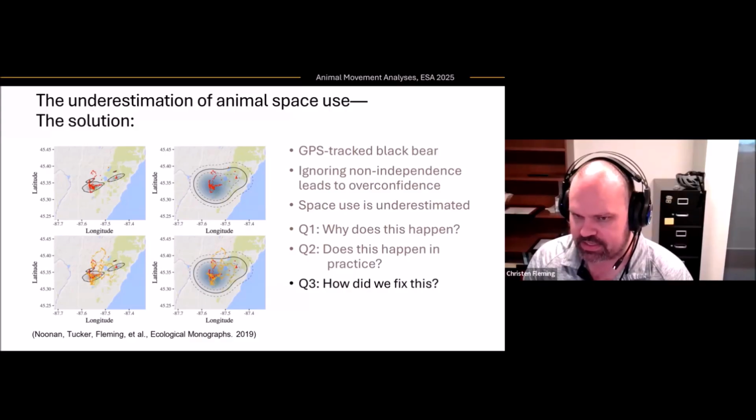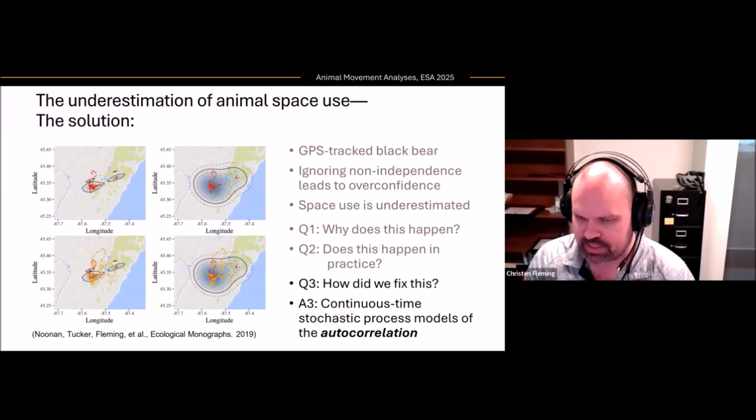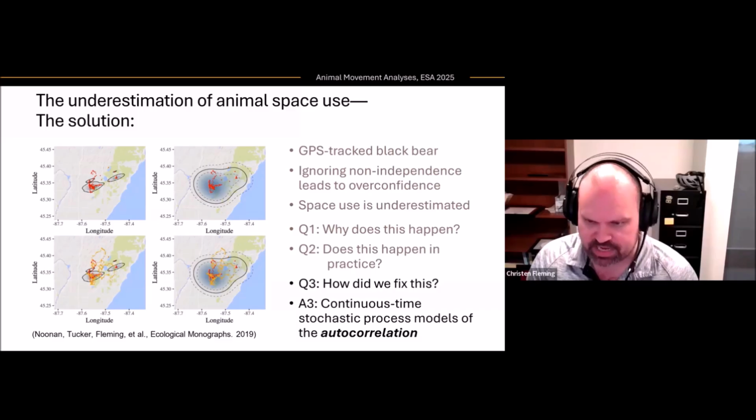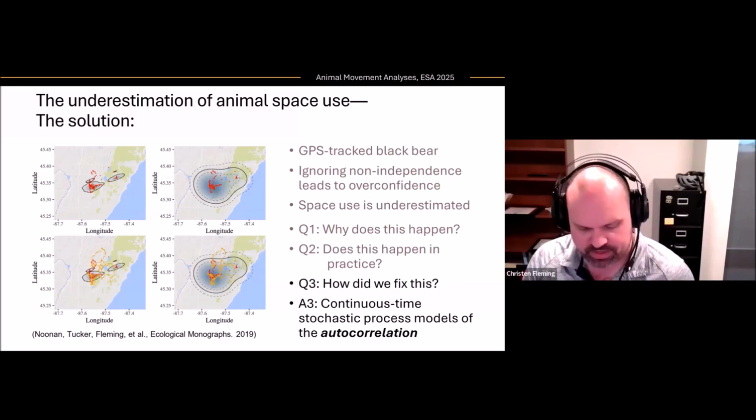So how did we fix this? We use continuous time stochastic process models to model the autocorrelation, and then we base everything we calculate, whether it's a home range, how far the animals are moving, or how fast they're diffusing, on these stochastic process models.